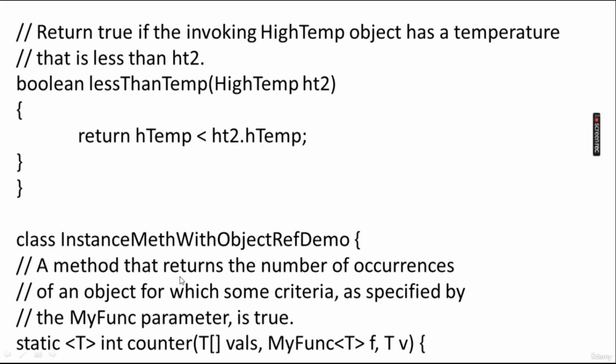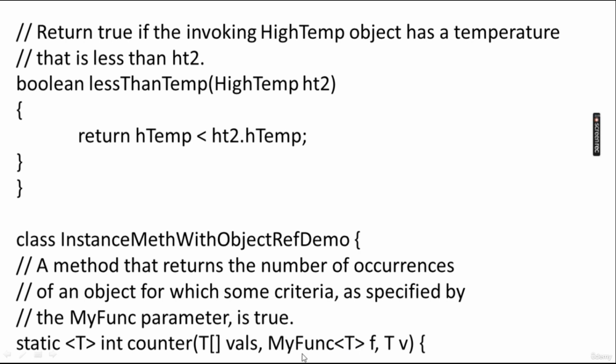Okay. The next method, in the MethodRefDemo class, is a method that returns the number of occurrences of an object for which the criteria specified by the MyFunc parameter is true. static <T> int counter(T[] vals, MyFunc<T> f, T v). So this is the counter function. Here it is having the array of a particular type T, which will be the same as in static <T>, and the MyFunc interface type should be the same.